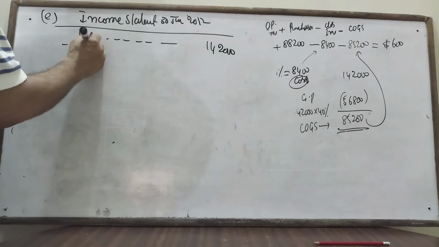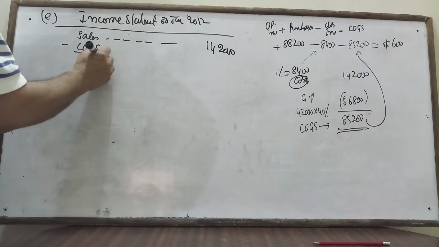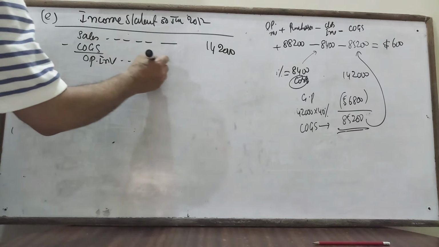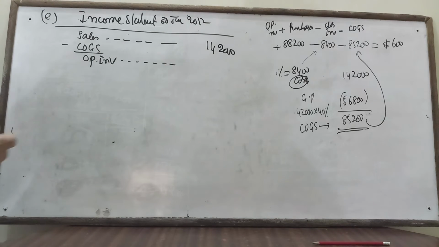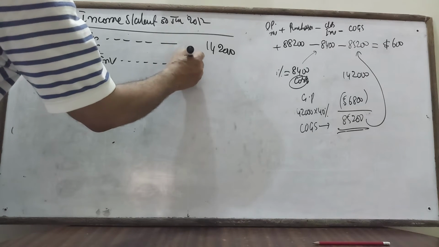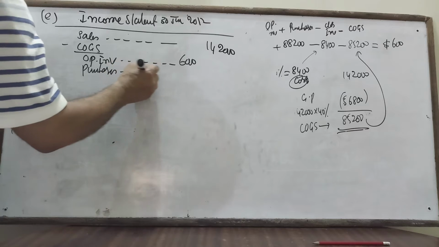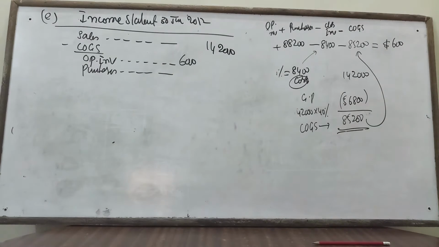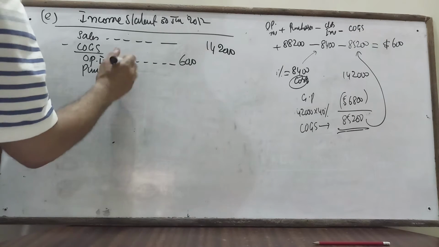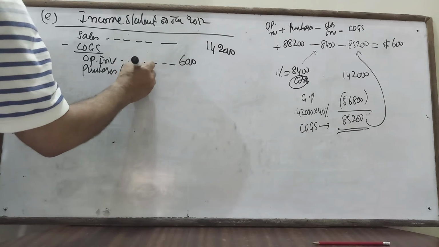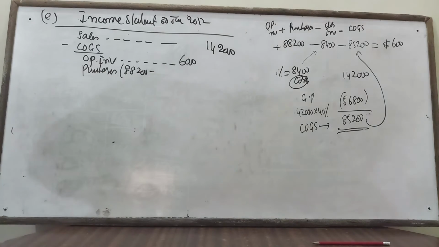From sales, minus cost of goods sold. Opening inventory is given here, which is 6,000. Purchases we have already calculated, 88,200, and minus stock lost.